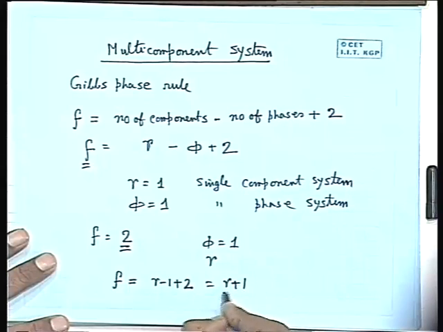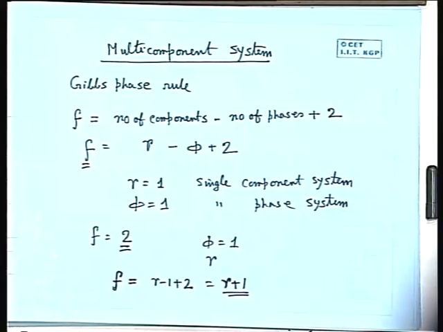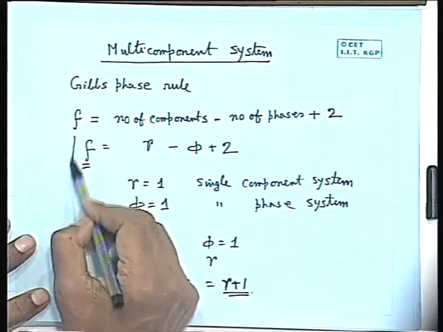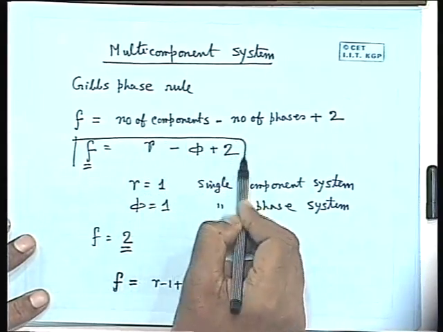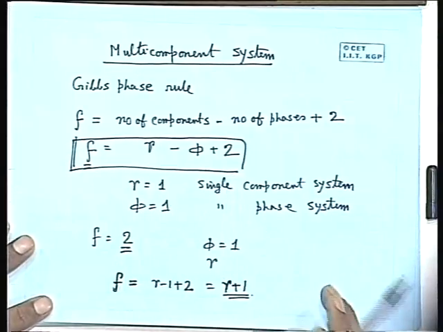That means for a single phase system consisting of R components, the number of independent intensive properties required to fix the equilibrium state of the system is equal to R plus 1. This way, from the Gibbs phase rule, we can find the number of independent intensive properties to fix the state of the system.